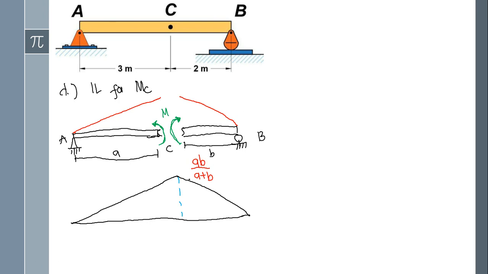Let's solve: AB over A plus B is 3 times 2 all over 3 plus 2.